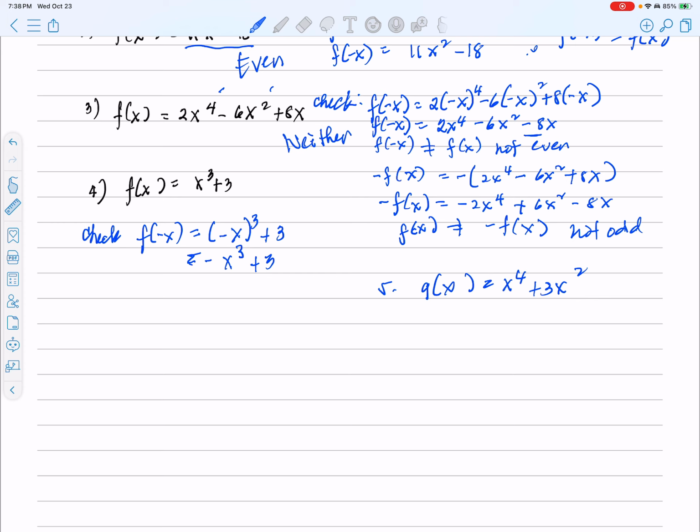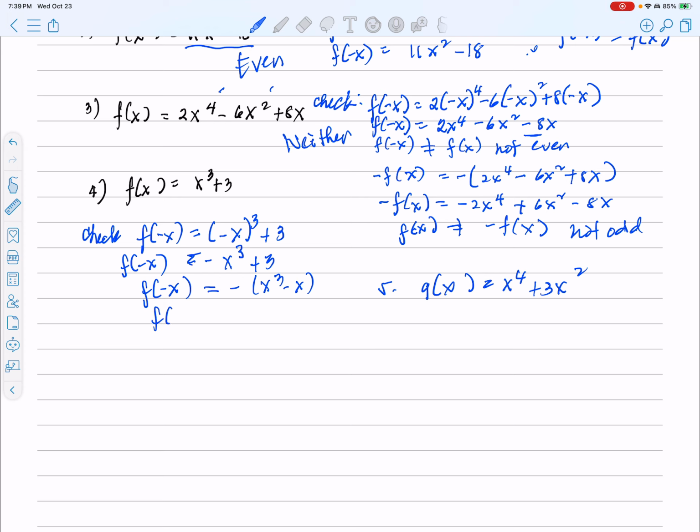If I factor out a negative, it is a negative of x cubed minus 3.